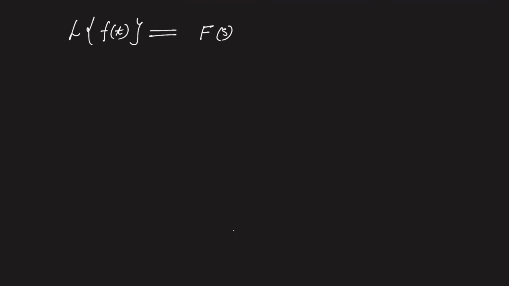And this is equal to nothing but integration 0 to infinity e to the power minus st f of t dt. Right, so this is the definition of Laplace transformation.